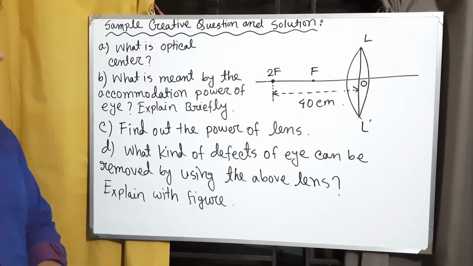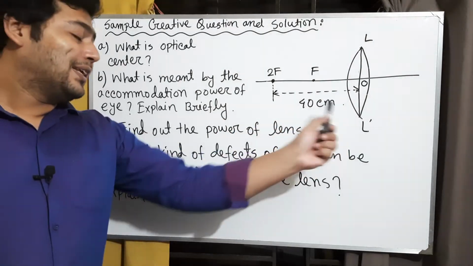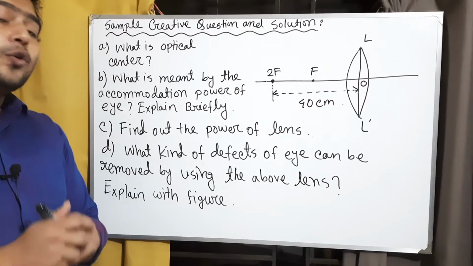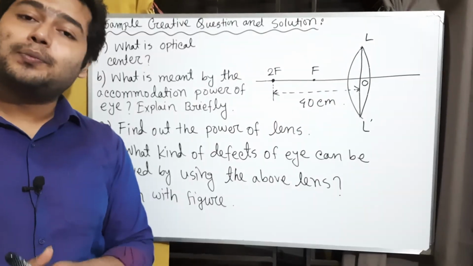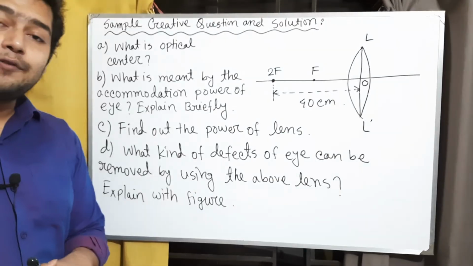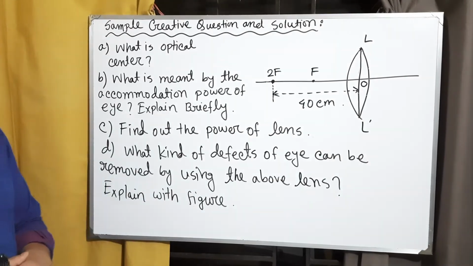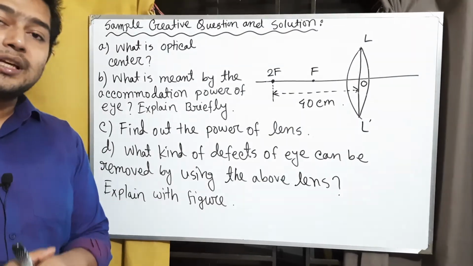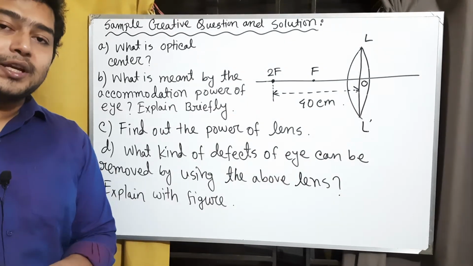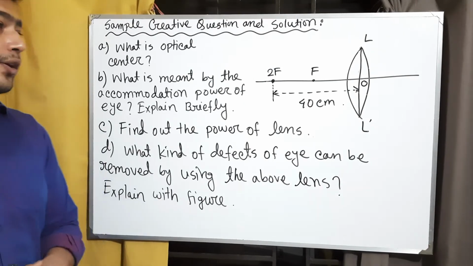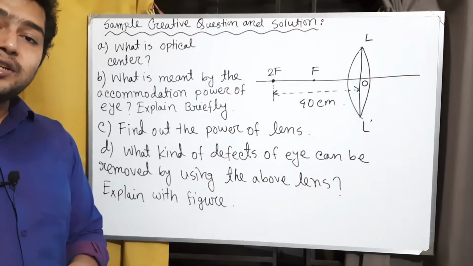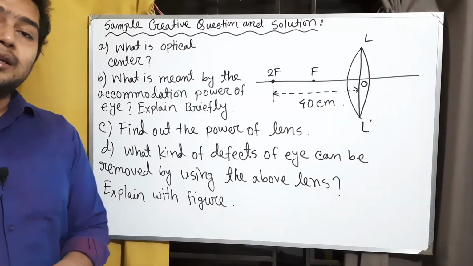By using this lens we can cure one of these two problems, and we need to explain what kind of defect, with appropriate figures. Now we will try to solve this creative question step by step.